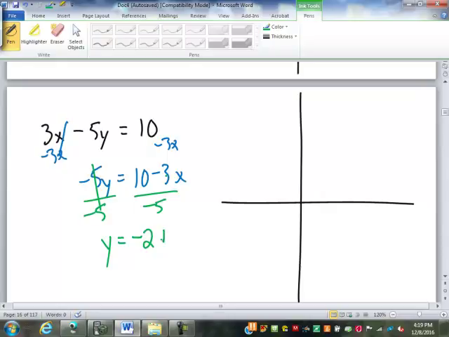Negative divided by negative is a positive 3 over 5x. So where do we start then? Well, it is. It's a negative 3 over a negative 5. But a negative over a negative is a positive. So where do we start? Negative 2. And then from there we go up 3 over 5.